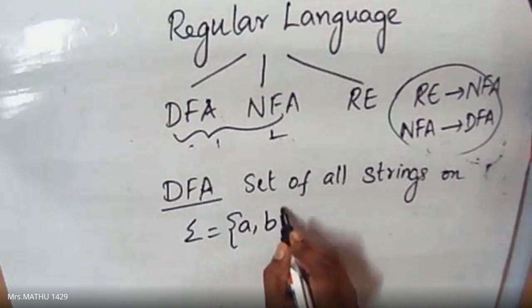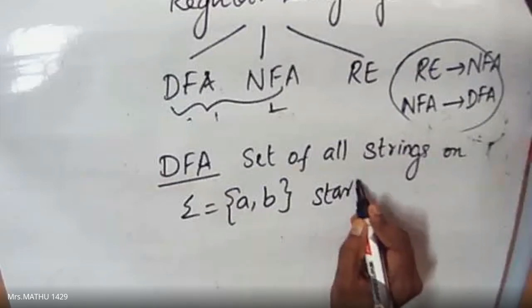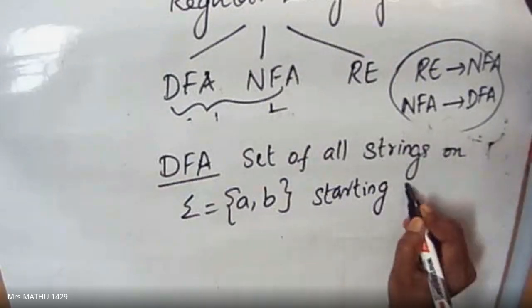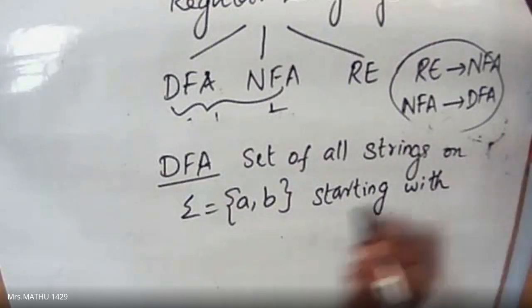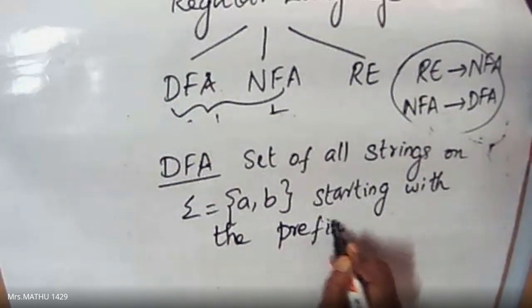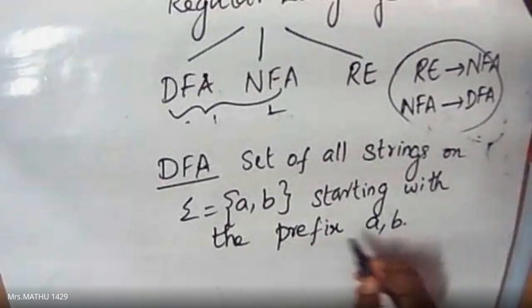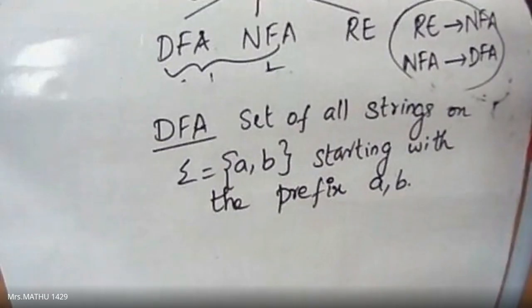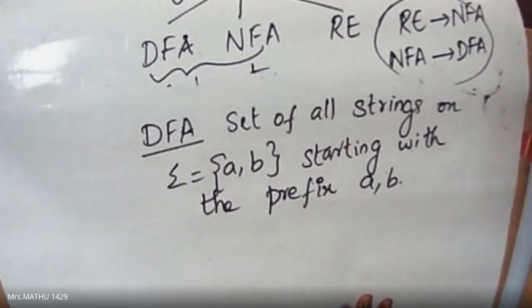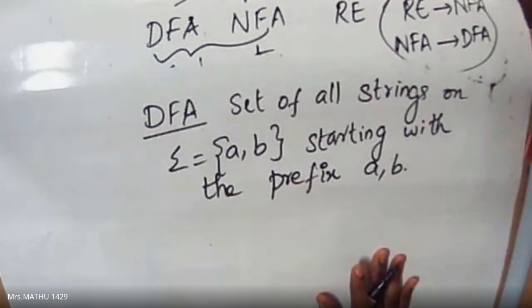The alphabet that we have taken here is a, b, and the condition given is starting with the prefix ab. I'll give this example and stop, and in the next class we will again discuss the differences and the examples on NFA. So you just look into this example on DFA.